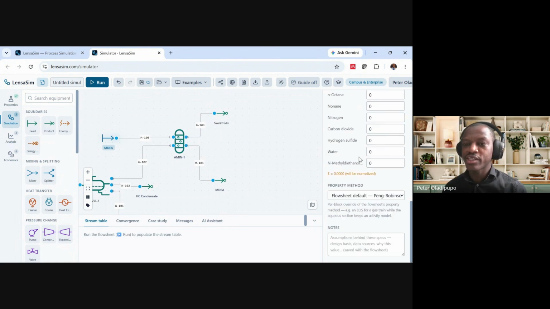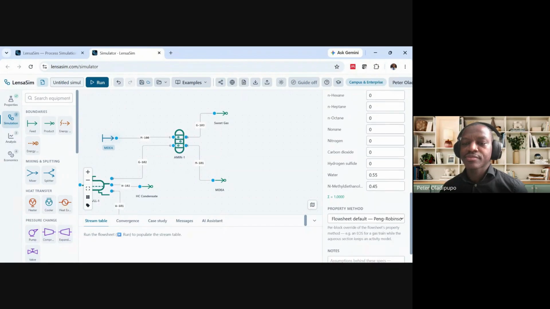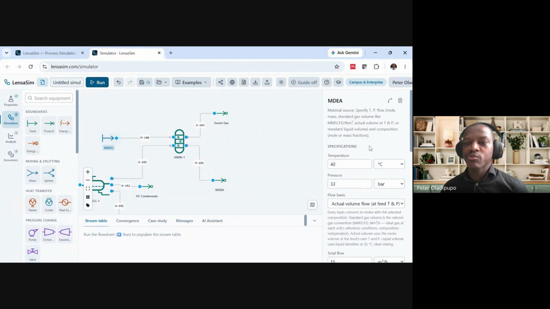Mass fraction with the MDA being 45%. I just say 0.45 fraction. That is it, and 0.55 for the water, right? So that's normalized right away because that sums up to 1, right? So that's how we specify the feed condition for the MDEA that's coming in.